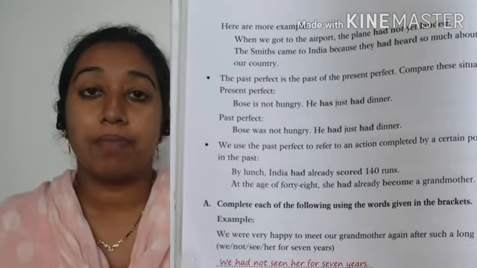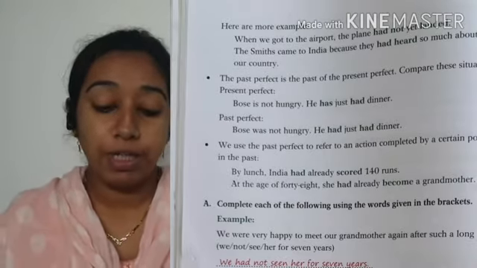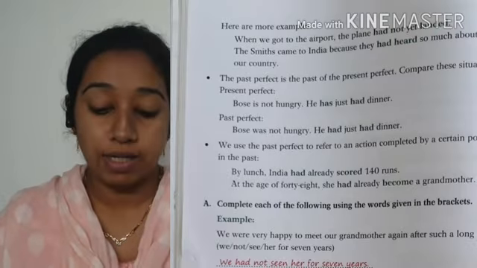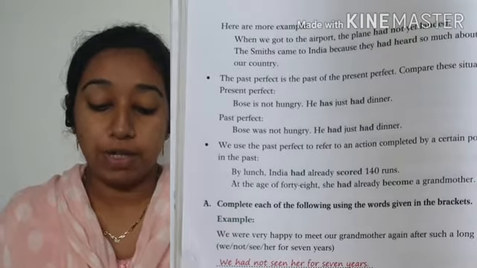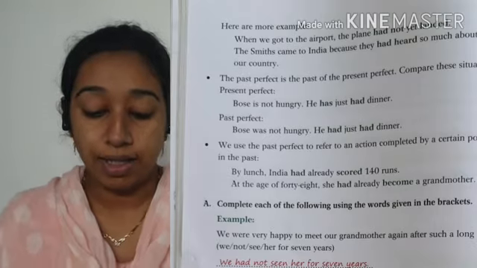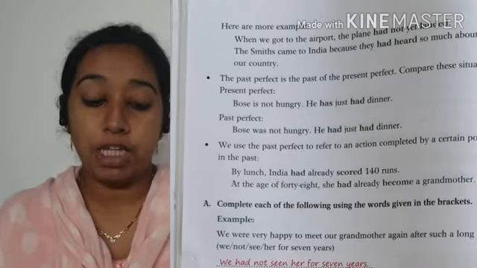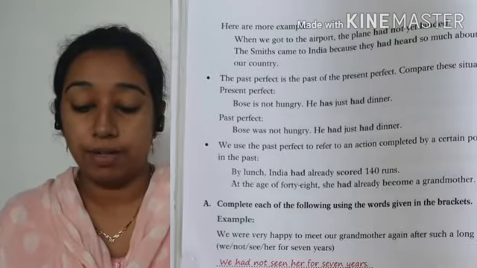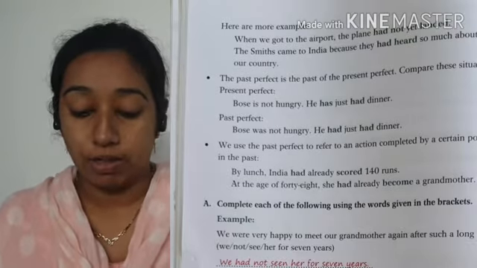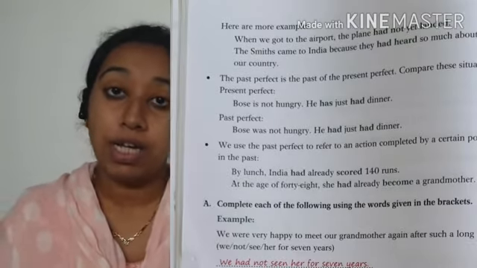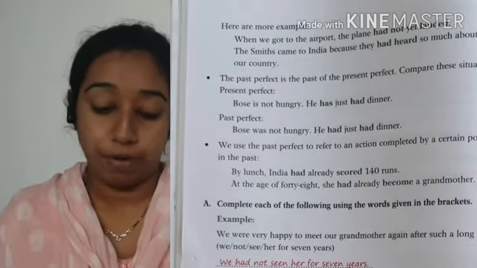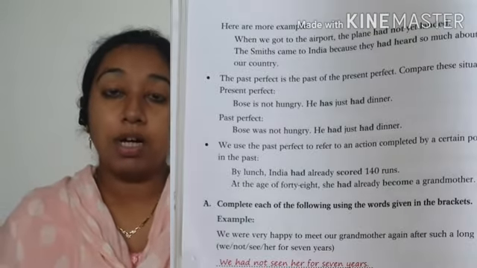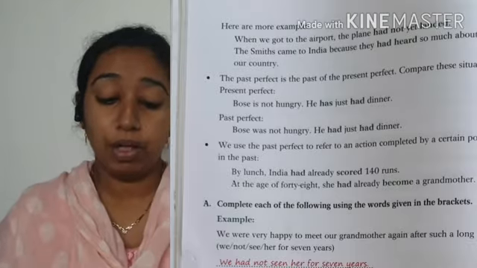So has is the auxiliary verb here and had is acting as the main verb. So it is he has just had dinner. And in the past perfect tense, Bose was not hungry. He had just had dinner. We are using two hads here. One is the auxiliary and the other one is the main verb. So this is the next rule.